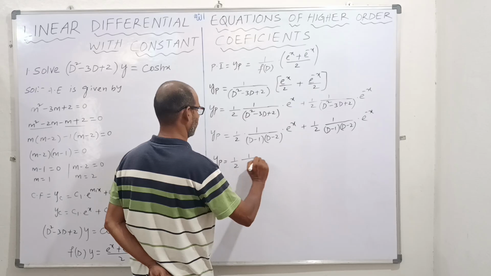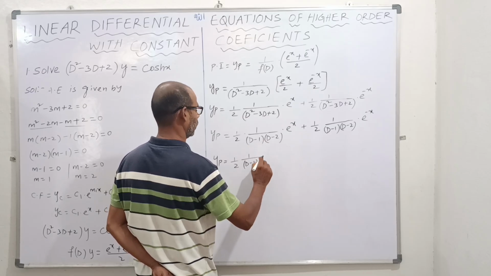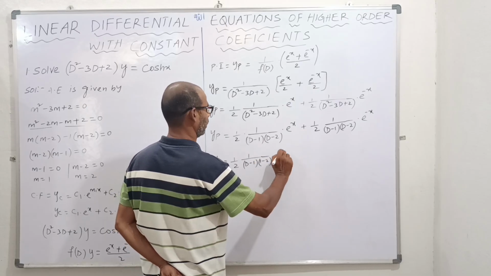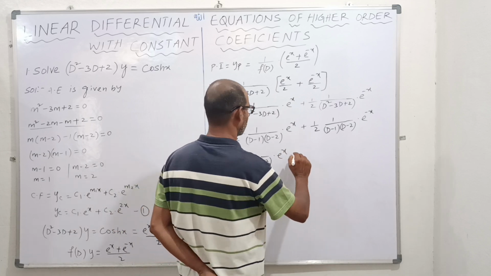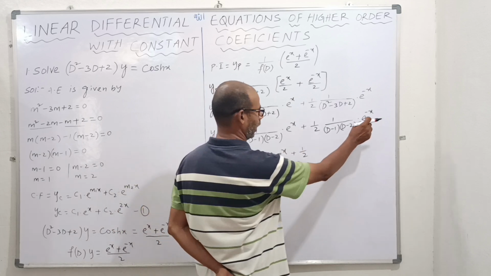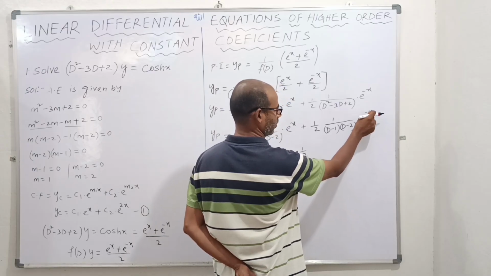So this remains as it is, D minus 1 into 1 minus 2, into e power x. Similarly here also, 1 by 2. Here a is the coefficient of x, so that is minus 1.